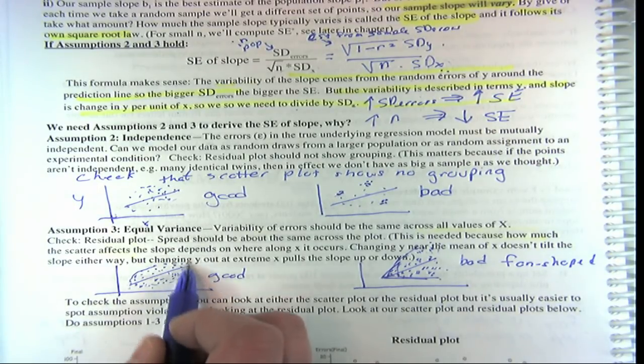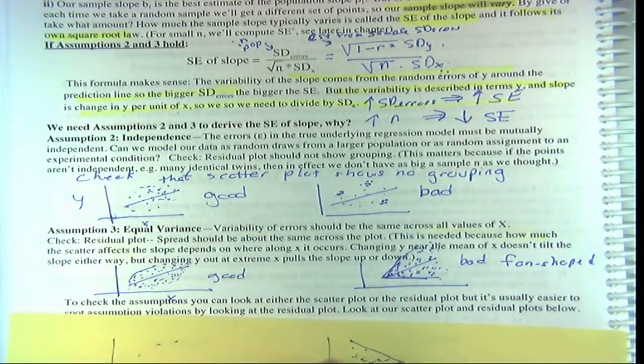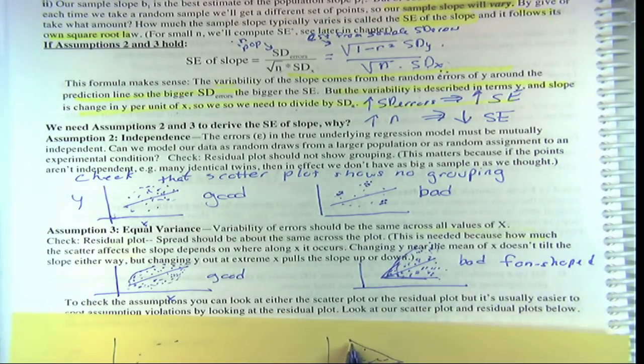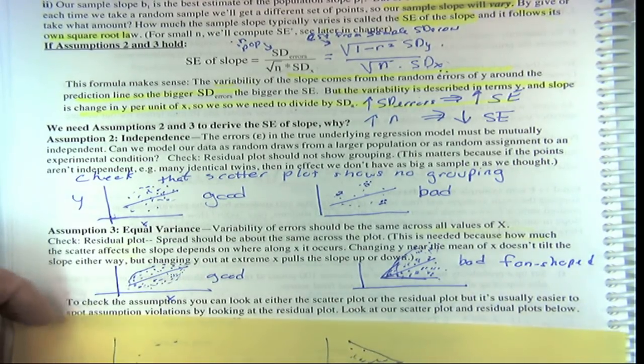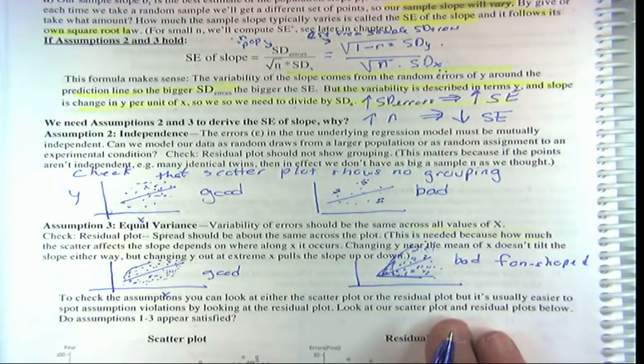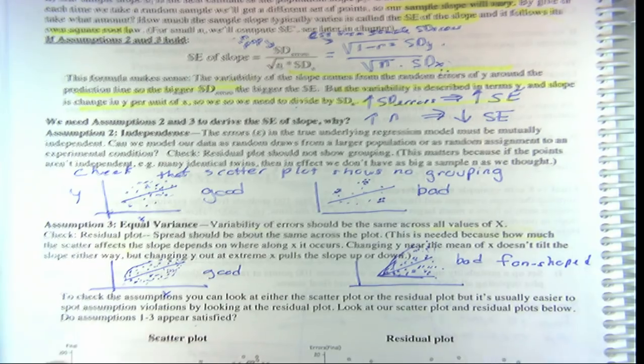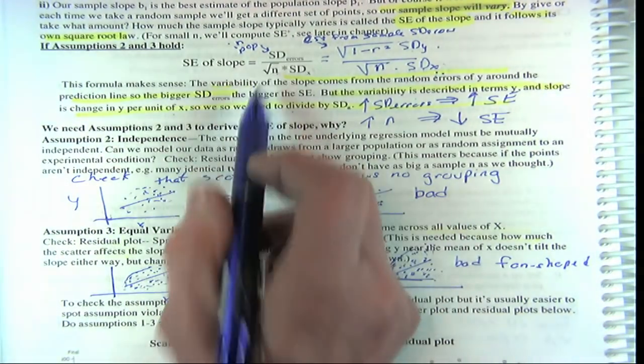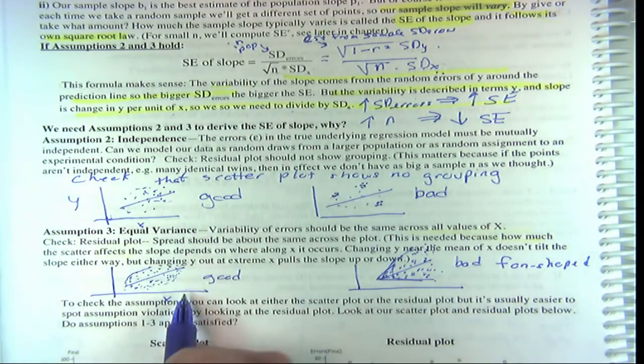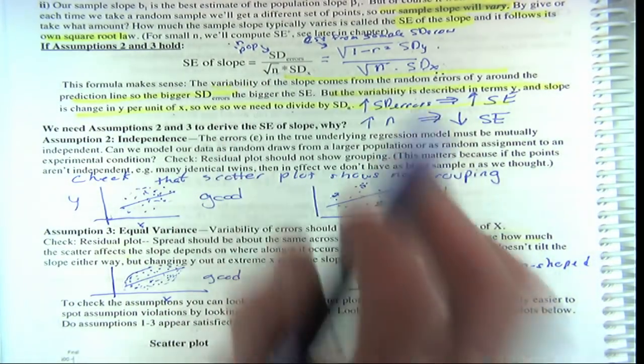But if you change y a lot at the ends, like if you have this or this, that's going to affect your slope a lot. Okay, does that make sense? All right. We're using the same slope right here all along. So we want it to be, we're using the same error bar all along. This depends on equal variability.